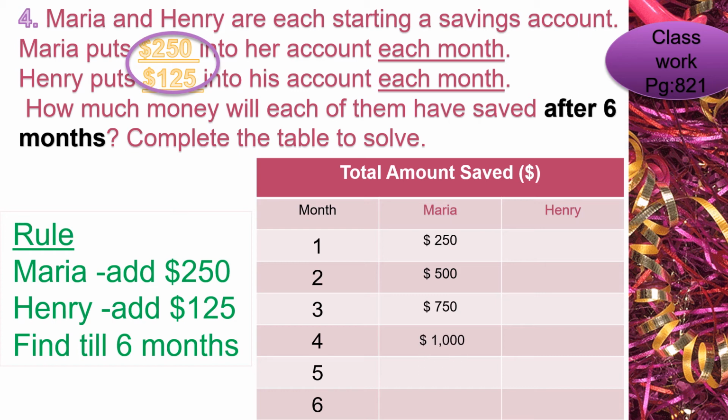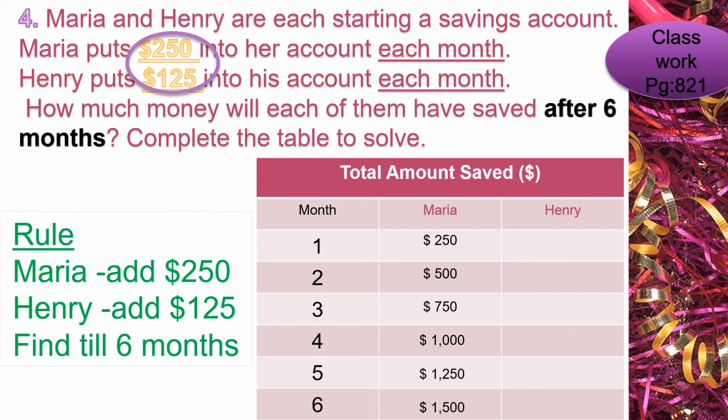Yes, 1000. So now 1000 plus 250. Who will say it next? Yeah, it is 1250. So now 1250 plus 250. How much will it be? Very good. It will be 1500.